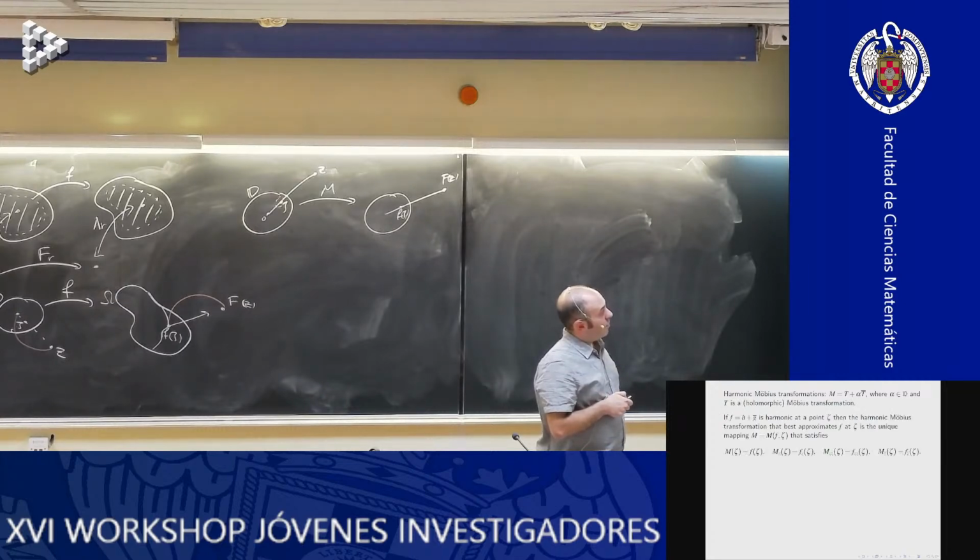Now, if f is a harmonic mapping at a point zeta, we can have 4 conditions to determine our harmonic Möbius transformation, 3 for the analytic t, and one more for the alpha. Okay? So the value, first and second analytic derivatives, and first anti-analytic derivative. Same thing would happen if I had chosen the second derivative to be the anti-analytic. Okay, I should write 4 conditions.